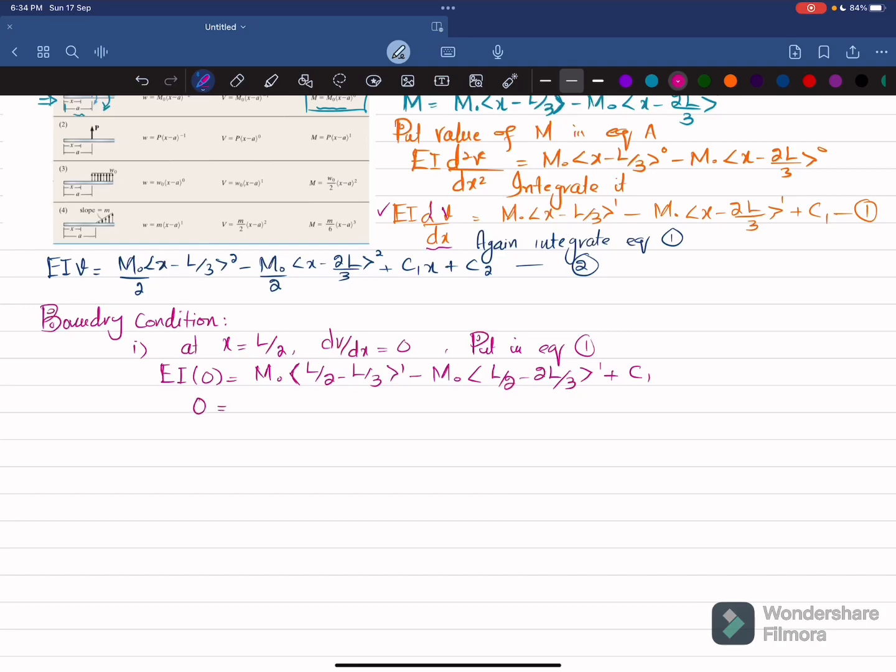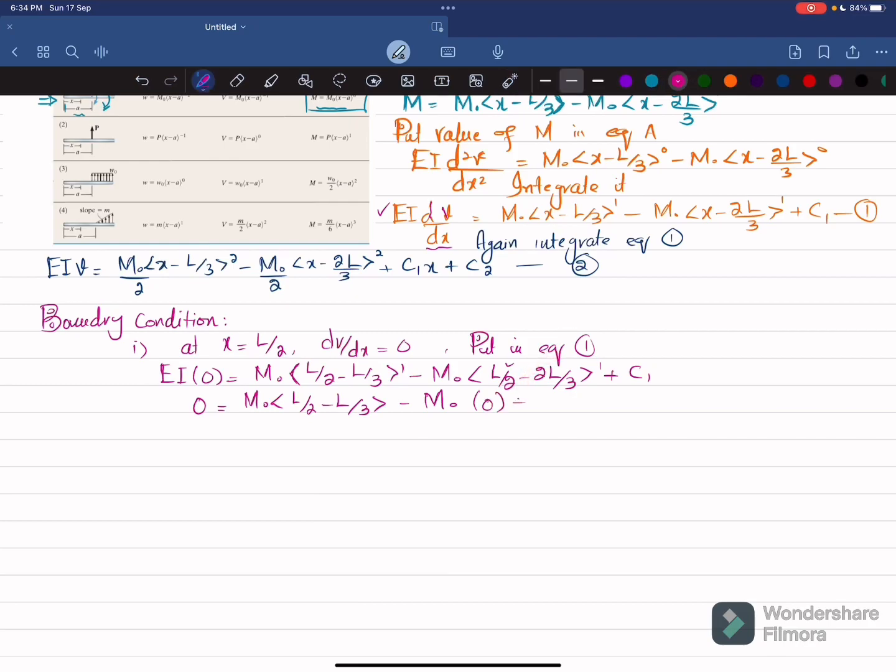So this term will be m0 into L by 2 minus L by 3, minus m0 into, this term will be 0 because L by 2 is less than 2L by 3, so this term will be negative, and anything inside the Macaulay bracket that is negative will be considered as 0.